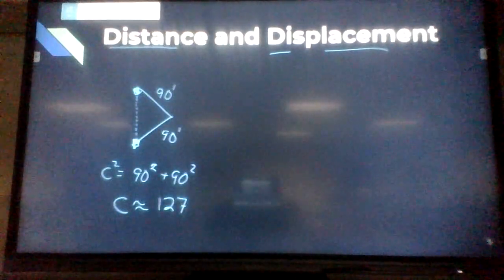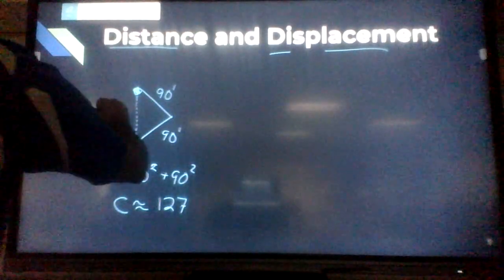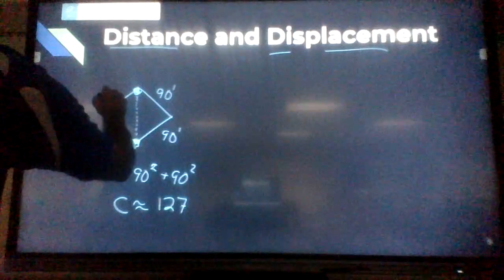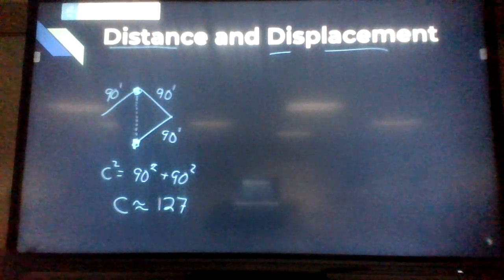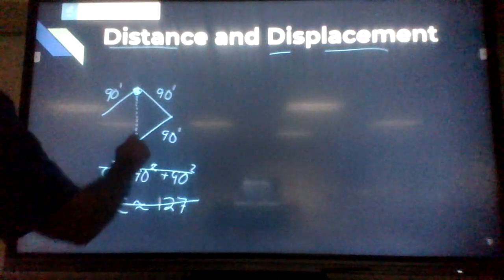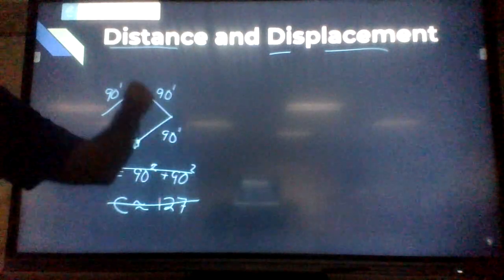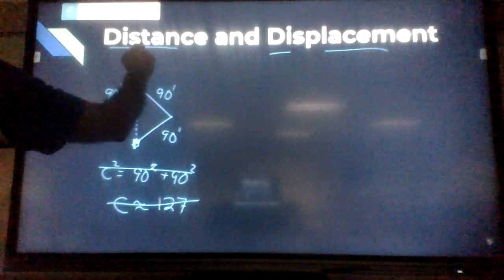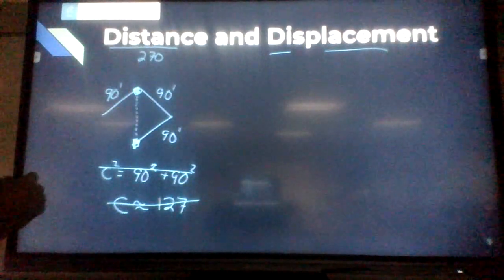All right, so I can take that off now. Hey, here's a wild pitch. I scamper another 90 feet. Okay, now we can take that off because we're not dealing with it anymore. I have now traveled 90 plus 90 plus 90. So my distance traveled is now 270 feet.